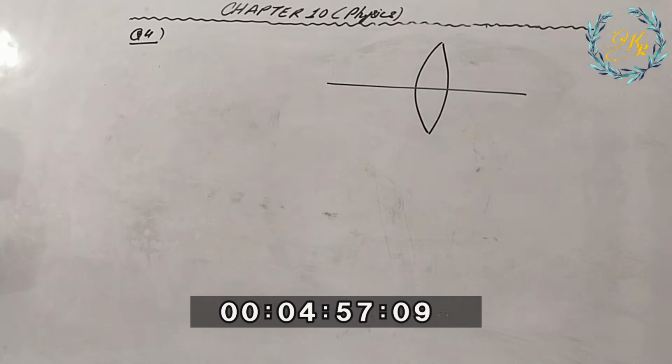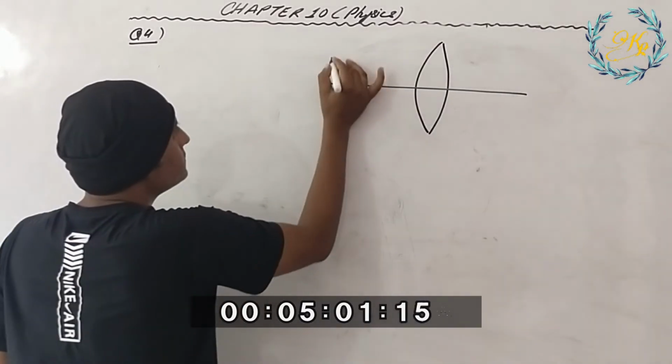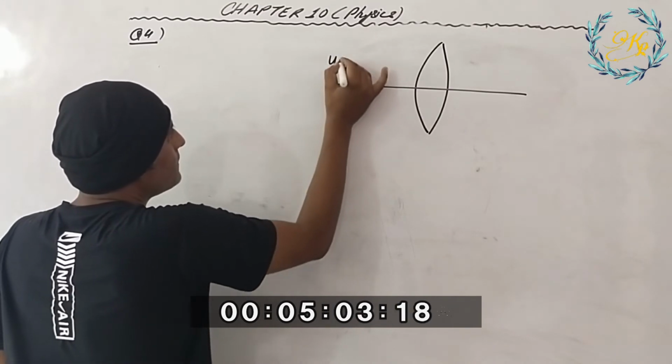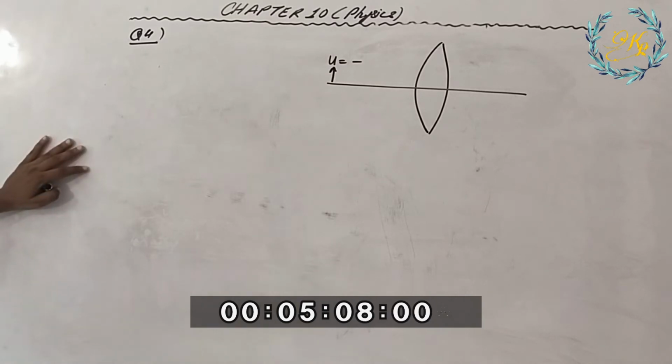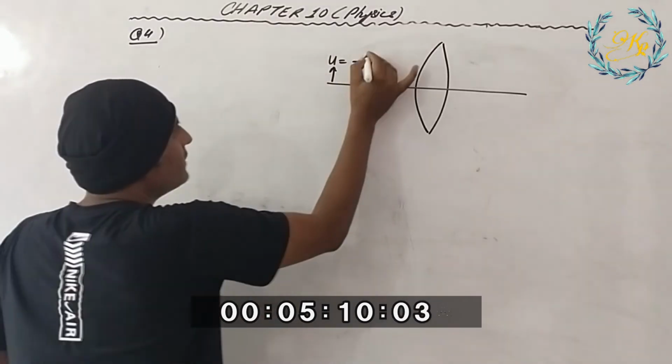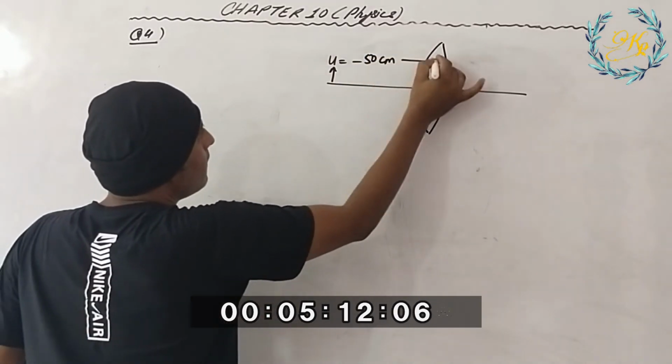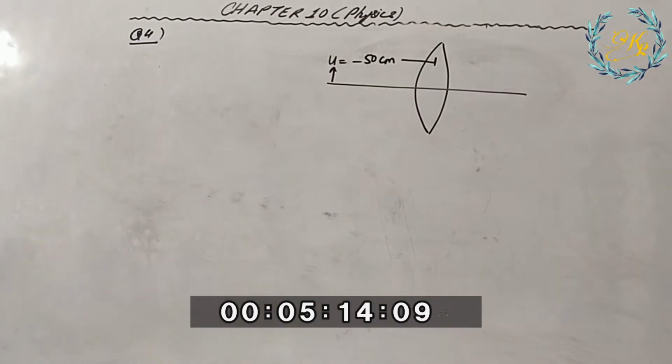So we can see here that the object distance will be negative, and the distance of the needle is 50 centimeter. Now we have to find where the needle is placed in front of the lens, if the image is equal to the size of the object.